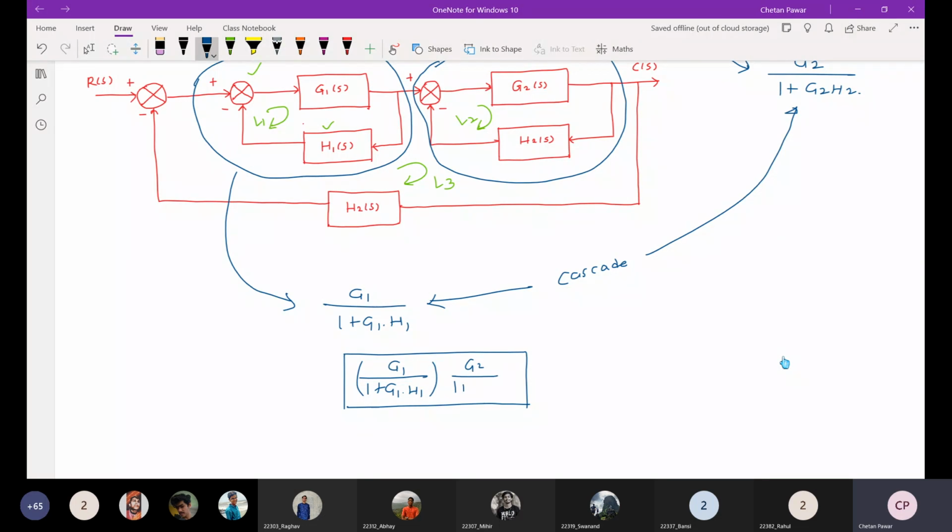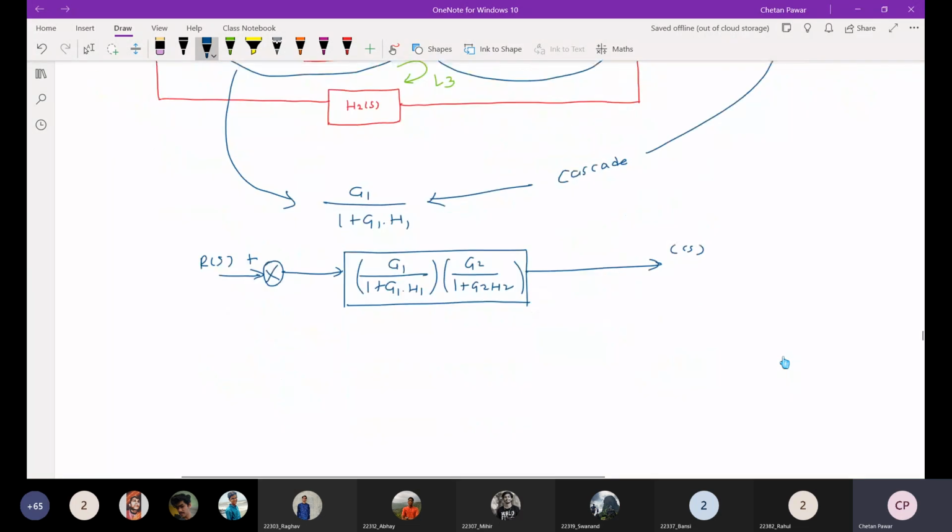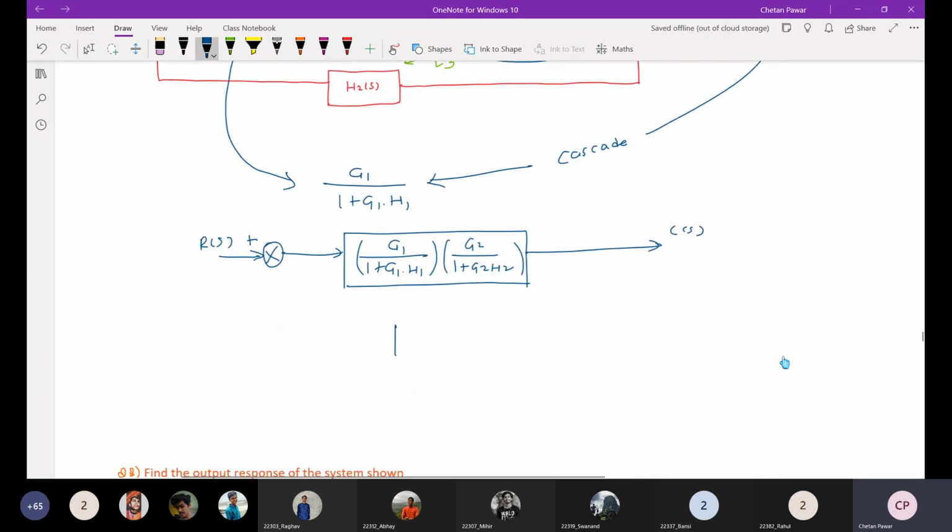Here again there will be the inner loop, that will be C of S, R of S plus H2 of S. Okay. Now you can solve it.